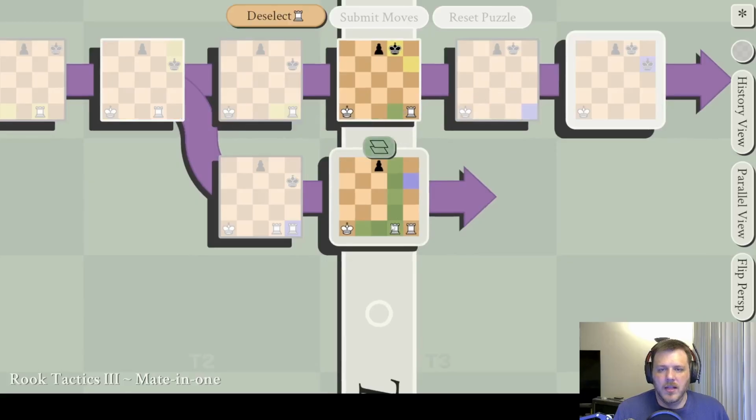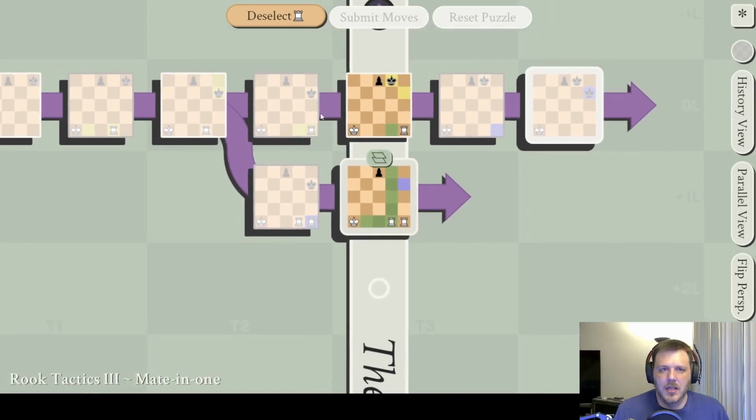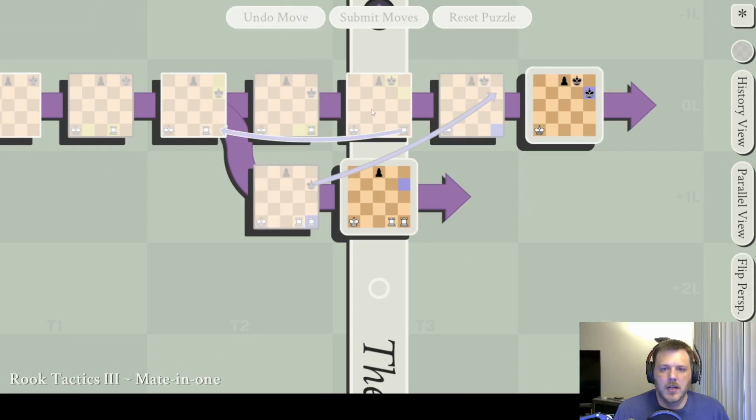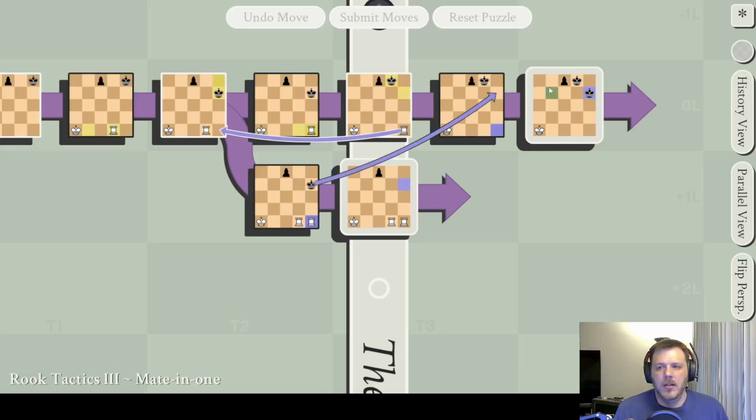So I could hop up here. And this board has already moved, hasn't it? Yes. So what's going on here is he's already played his move by having his king arrive here. So this move is complete.